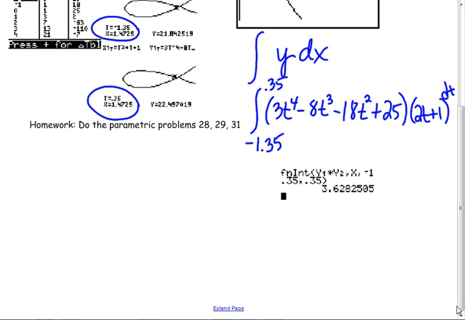What? For y2, I put the 2t plus 1. See, that's the reason why you don't want to do it in parametric mode. You'd have to change that, because it's y times dx, not x. It's not the y value times the x value. It's the y times the derivative of the x. Well, we're going to look it up, because I want to make sure that I did that right. I'm pretty sure I did.